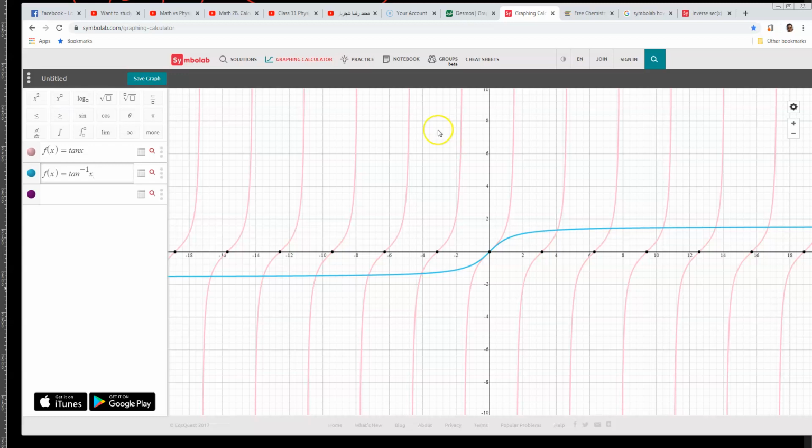And you can see that the calculator gives you only the principal value branch of the function.